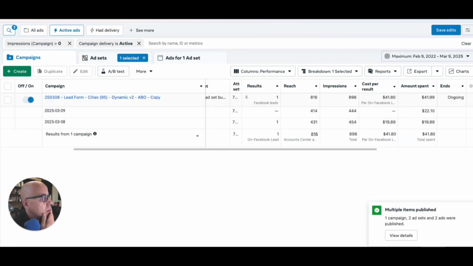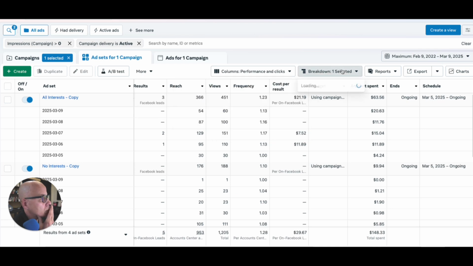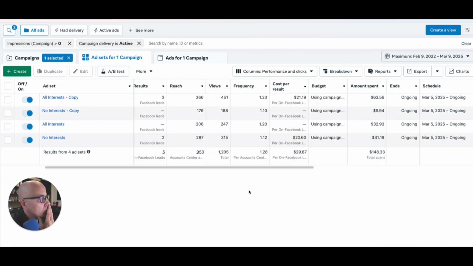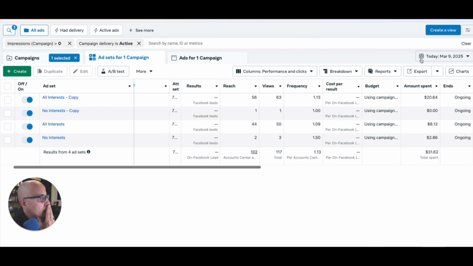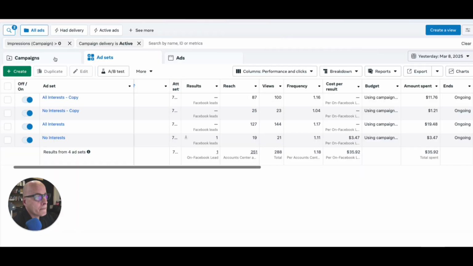I do have one more. That one's fine. And then what was this one? This one's doing fine. Let's see what it's doing today. Yeah, it doesn't have any leads today. Yesterday, it's 35. So I'm gonna let it run one more day, and then tomorrow I'll decide what I want to do from there.